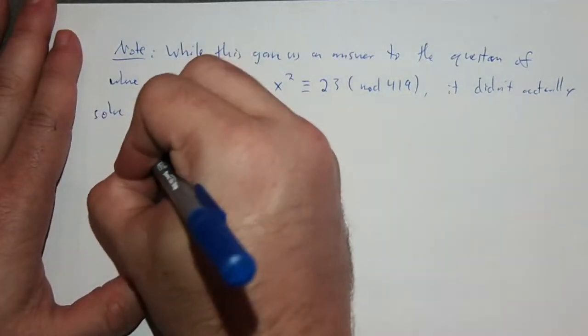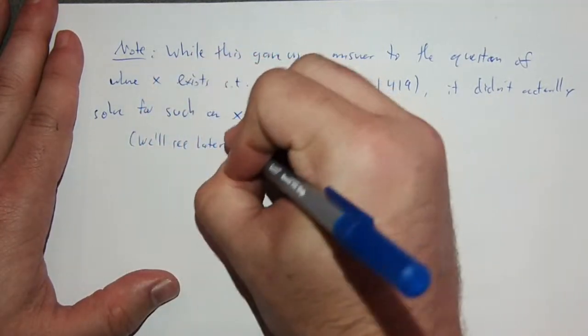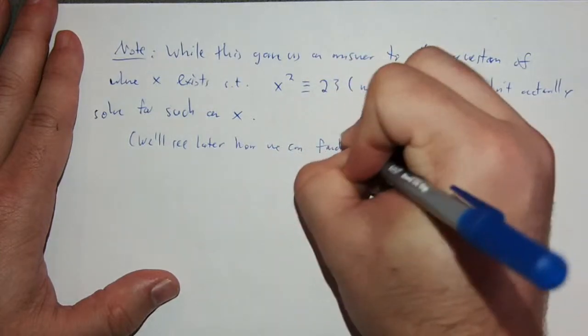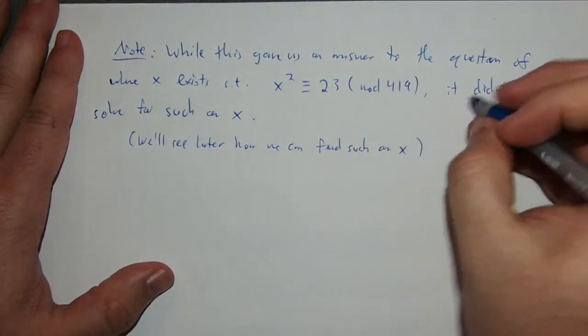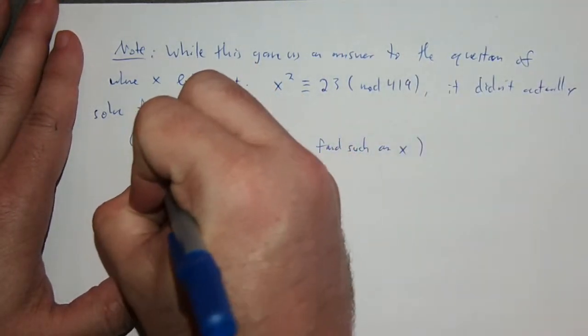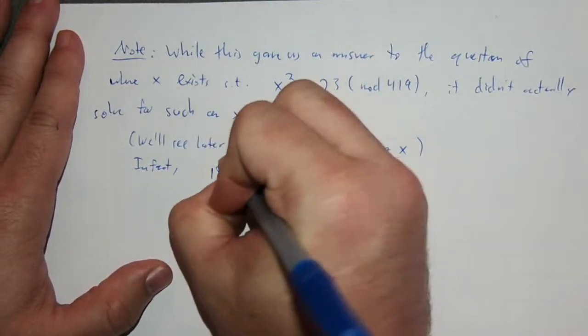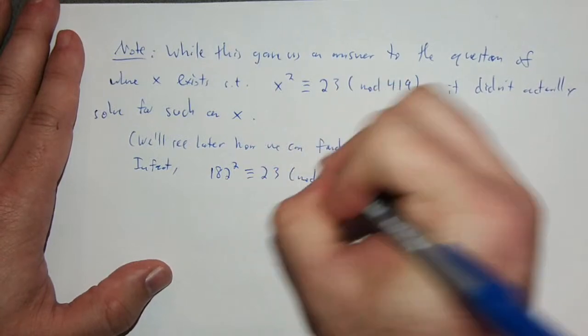Okay, we'll see later how we can find such an x. In fact, 182 squared is congruent to 23 mod 419.